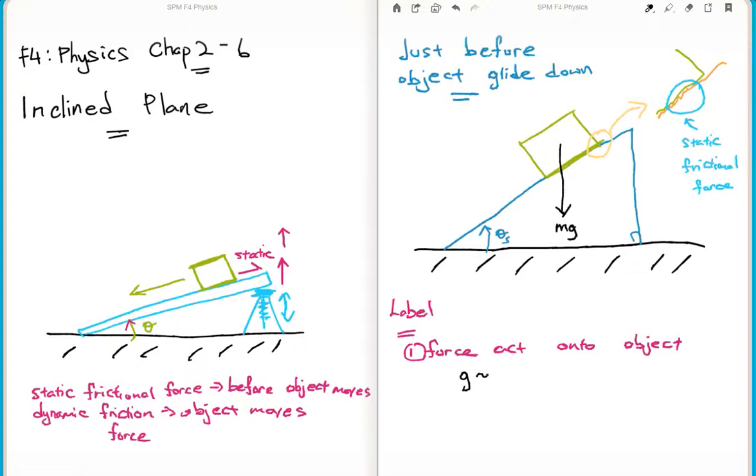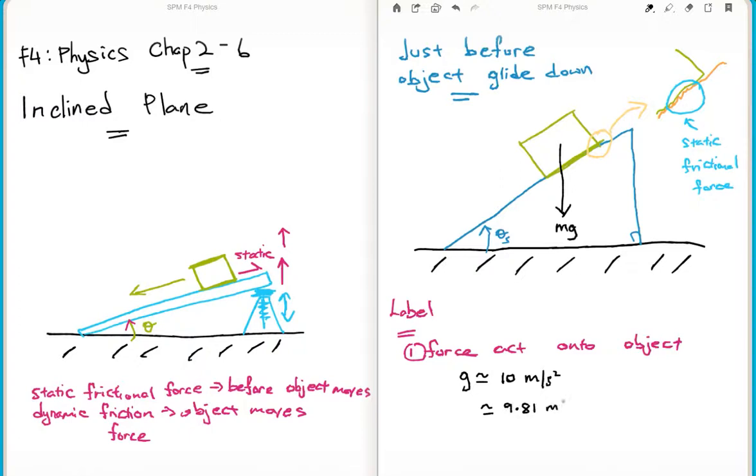So the value for this gravity, as in from Form 5 SPM, you may regard as 10 meters per second squared. Only limited to SPM, you may use 10. Otherwise, a more accurate answer would be 9.81.